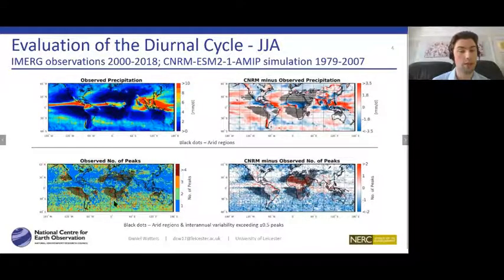And when you go into the wintertime, the observations suggest that the diurnal cycle tends to have more peaks, 3 or 4 peaks in some cases. In comparison, the model is doing quite well in mapping the number of diurnal peaks that we see for land and ocean in the summertime in the tropics, but in the southern hemisphere winter, it suggests that there tends to be fewer peaks than is seen in the observations.